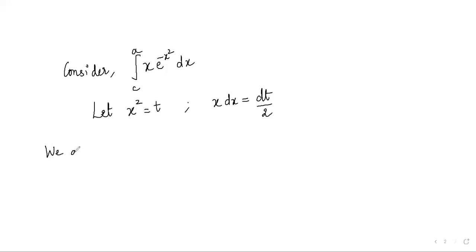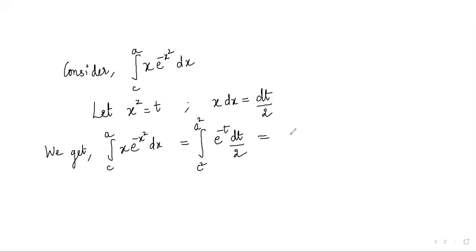After this substitution we will get that this integral, which we are evaluating within the limits c to a, will become the integral from c² to a² of e raised to power minus t dt by 2.